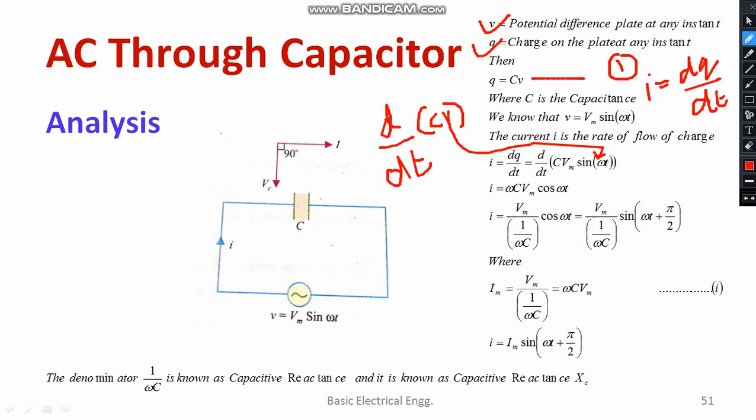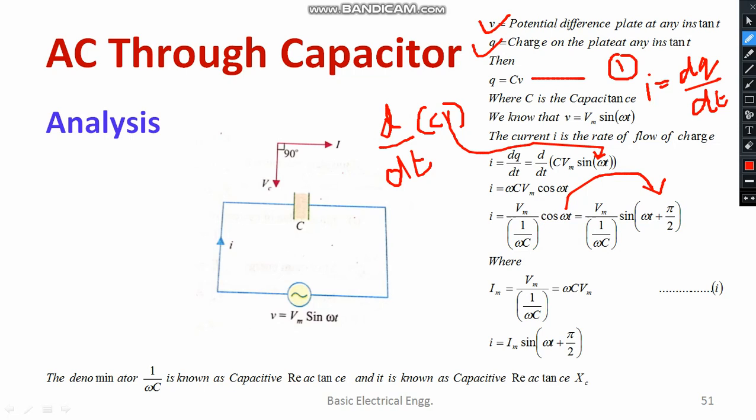Now from this you can write I is equal to Vm divided by 1 by omega C. For my convenience I am writing 1 by omega C. So Vm by 1 by omega C into cos omega t can be written in terms of sin as sin of omega t plus 90 degrees, or pi by 2.